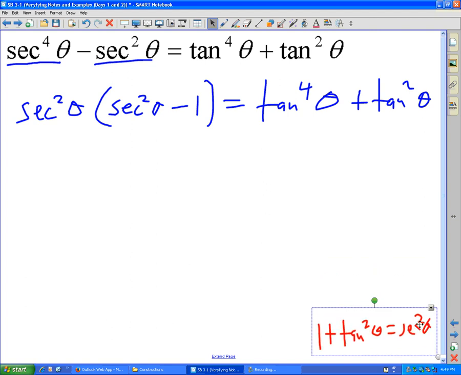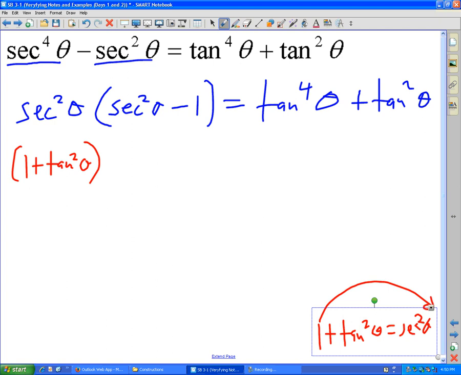And so we're going to use that back to back right now. Your secant squared is equal to 1 plus tangent squared straight out. Okay? So 1 plus tangent squared. On the other hand, what does secant squared subtract 1 equal to? Well, I'd have to subtract this 1 on the other side, right?